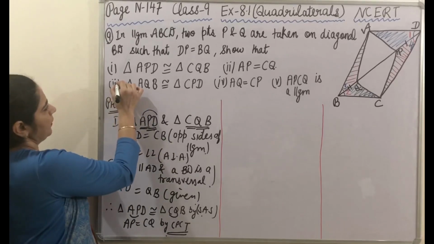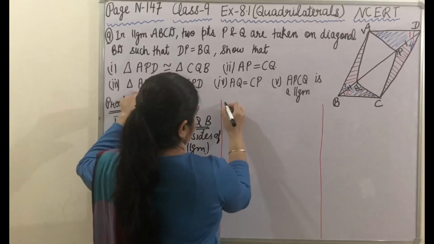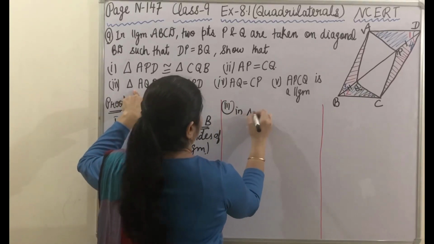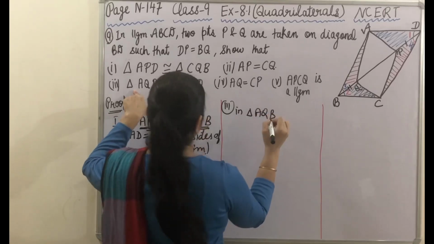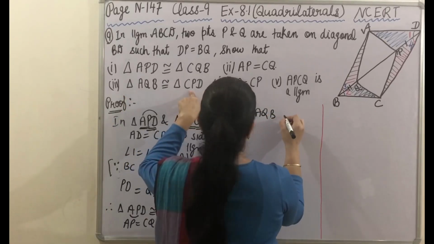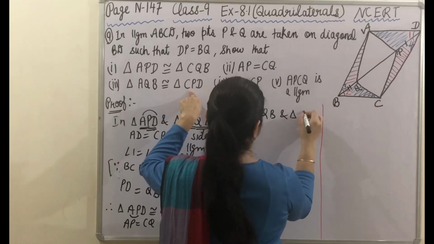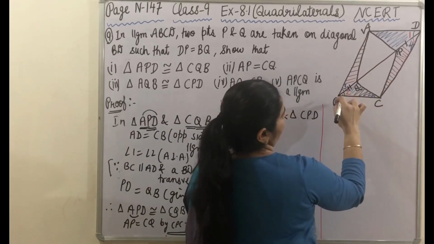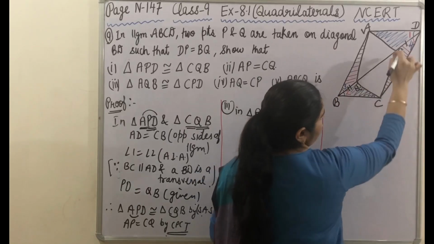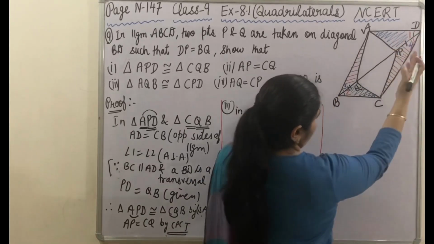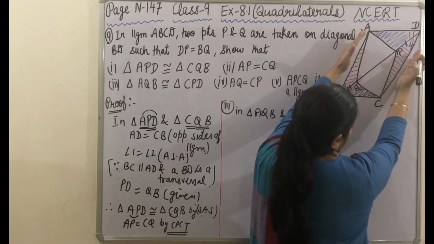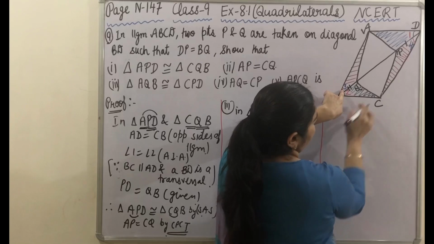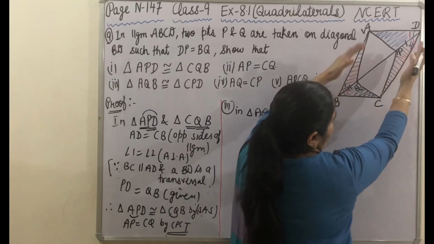In this third part we have to take triangle AQB and triangle CPD. These two are parallel lines and this is a transversal. Again I can write here angle 3 and 4 equal, parallel lines.